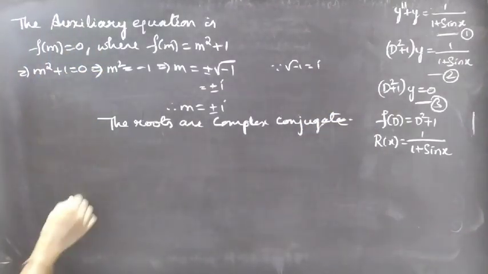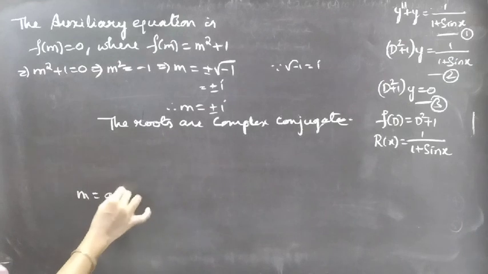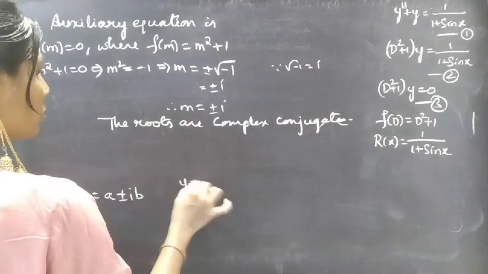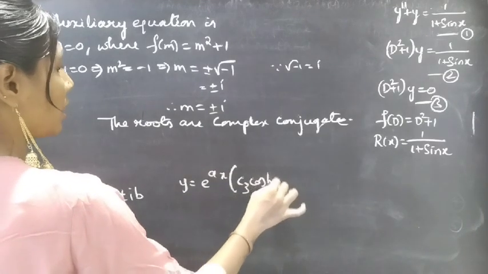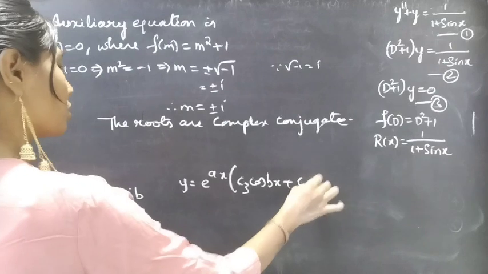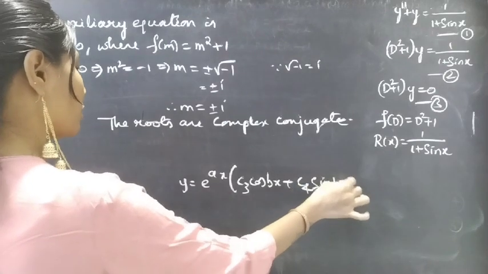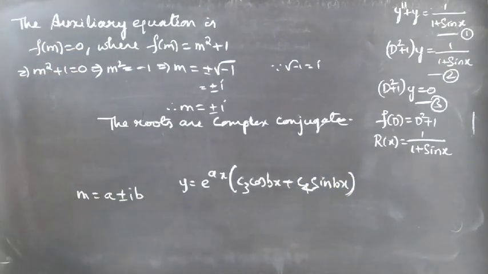We know that when two roots are complex conjugates, say m equal to a plus or minus ib, then the solution of the homogeneous equation looks like y equal to e power ax of (c3 cos bx plus c4 sin bx). I'm writing c3 and c4 instead of c1 and c2 because I want c1 and c2 to appear in the final general solution.